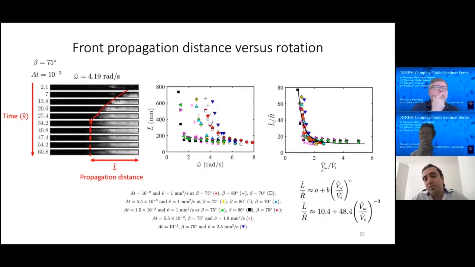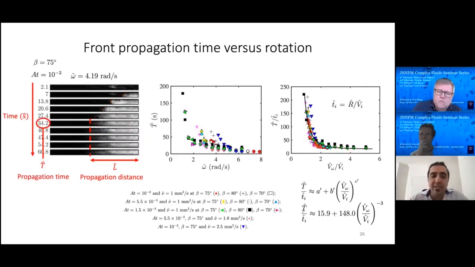If we use the proposed dimensionless group V omega over Vi, we get a reasonable collapse of data, and we can fit a power law to this collapse and predict the propagation lengths in a reasonable manner.